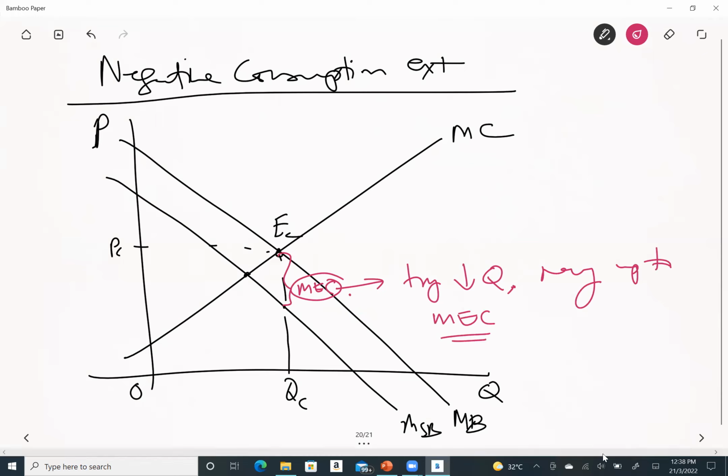Let's say at QC, MEC is equal to that point. Let's look at some numbers to make it easier. MEC say equal to 20, and that QC say equal to 100.